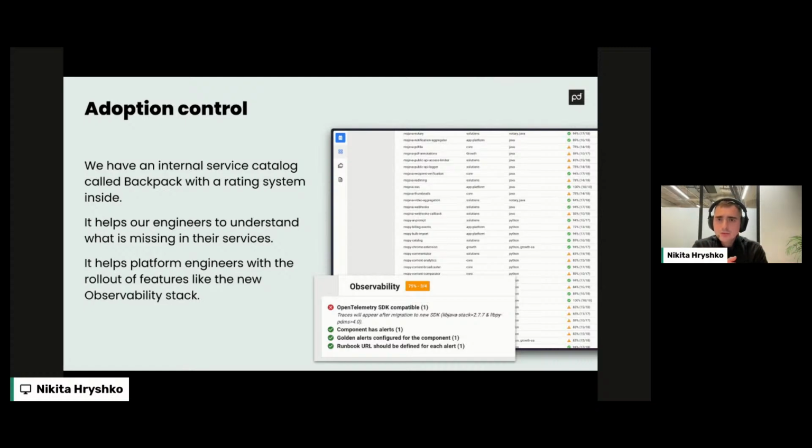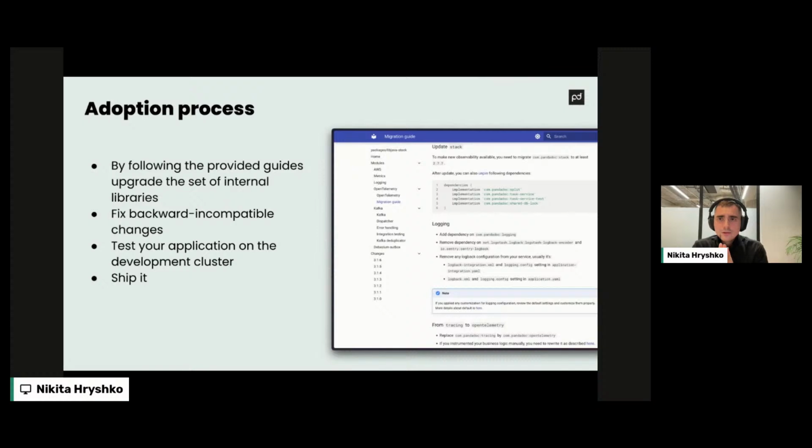And right now on your screens, you can see an example of such a gate with rating. And this gate tells that the service isn't really compatible with OpenTelemetry SDK and provides quick insights about how to fix it. And also we provided quite simple instructions and guides about how to upgrade your services.